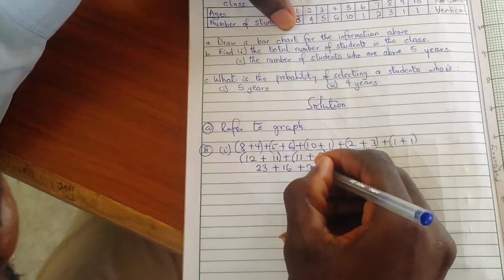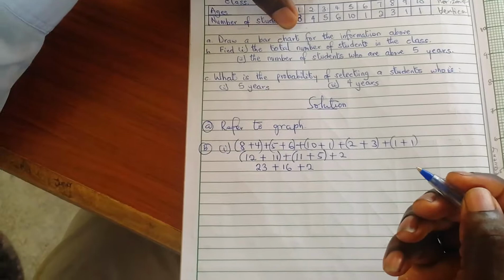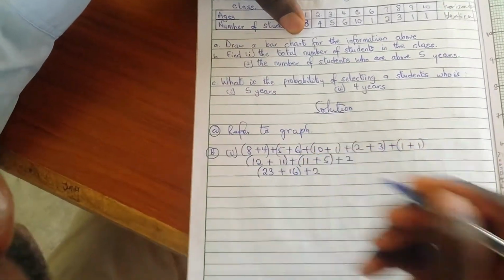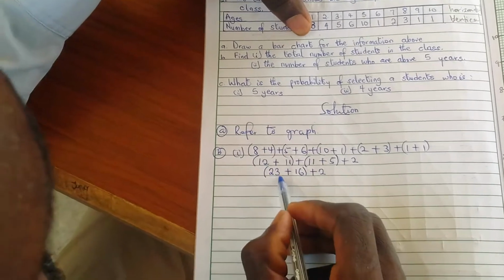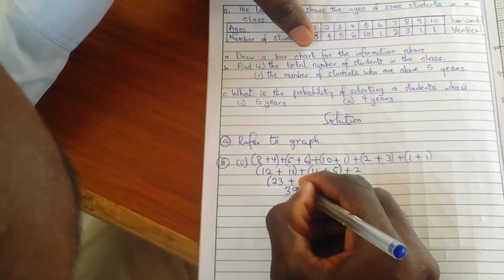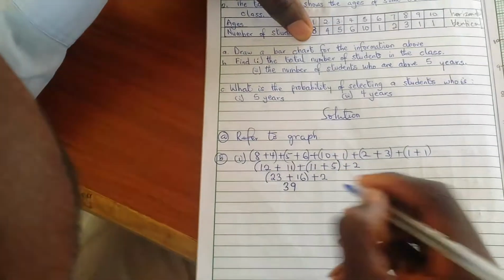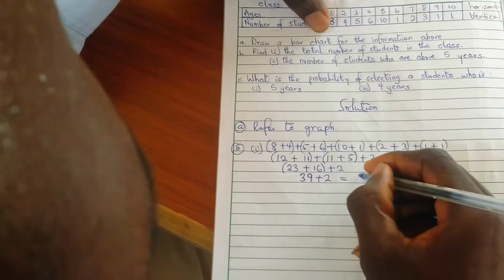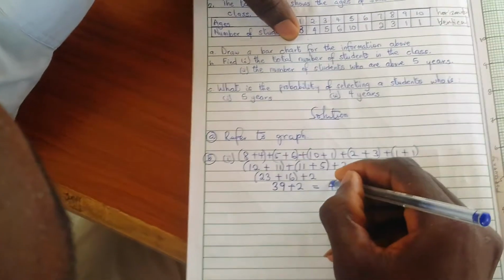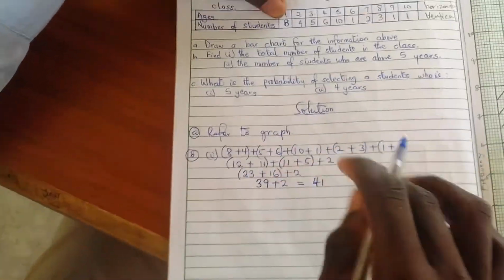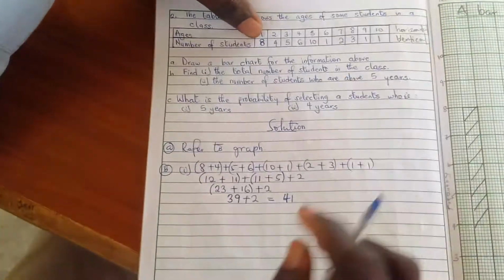Then we have here plus 2. So we can also choose to put two in a bracket. So let's put the first two in a bracket. And 23 plus 16 will give us 39. 39 plus 2 is equal to 41. So the total after adding everything, we had 41.